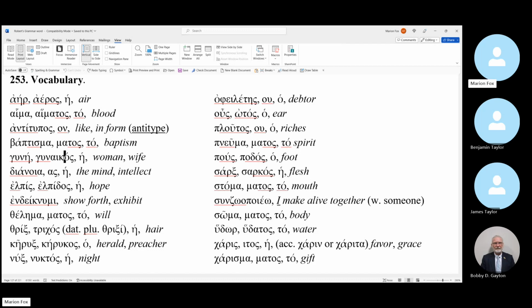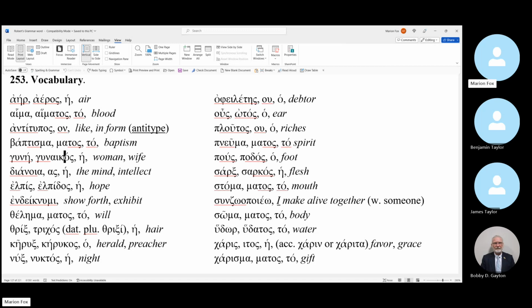Elpis, it's hope. In Greek, it is broader in meaning than it is in English. In English, the word hope is always used in a positive sense with positive connotations. You hope for something good. And it really means you have a reason to expect something. In Greek, it could be you have a reason to expect something bad is going to happen.